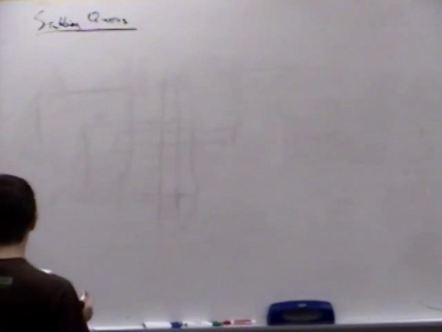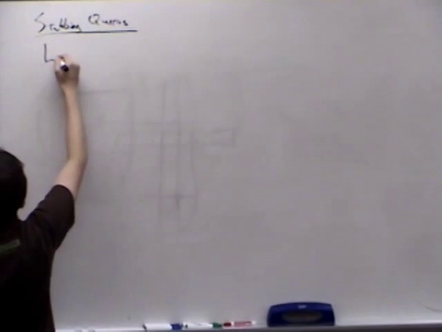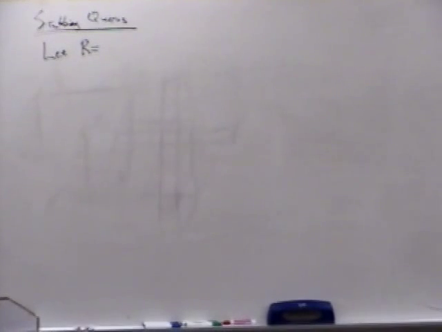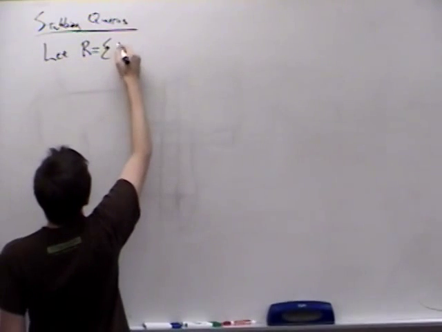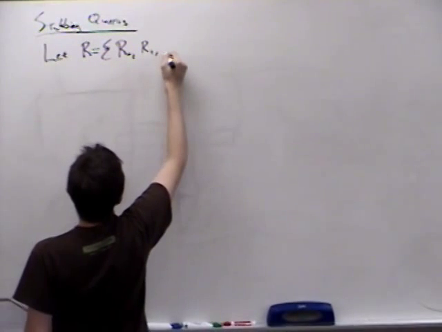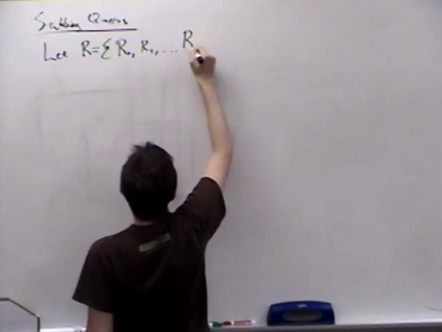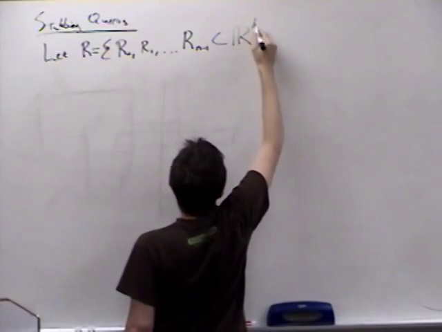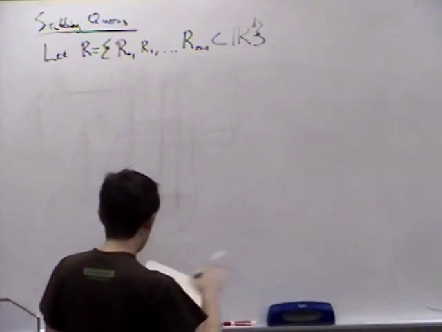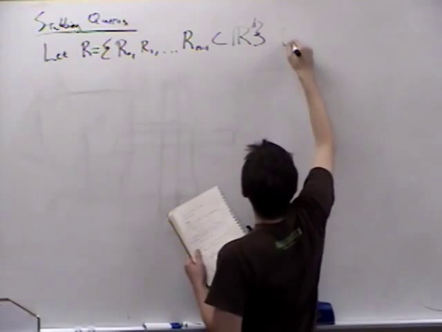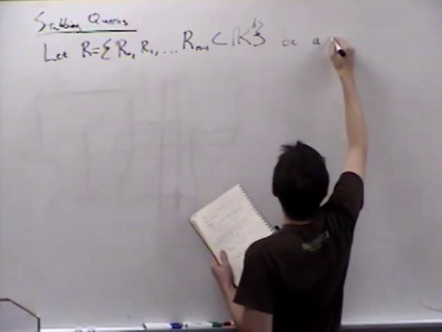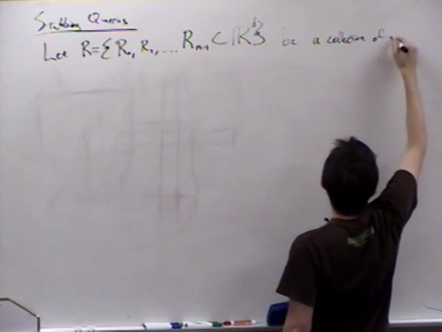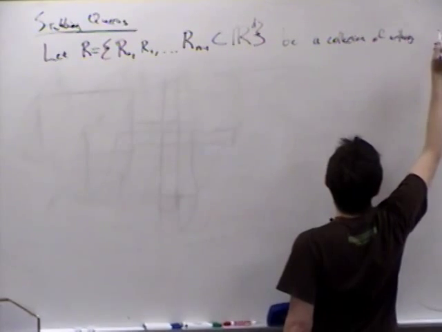What's a stabbing query? Here's the input. We have a bunch of these boxes, which we'll write as uppercase R, some set R0, R1, R2, etc. This is a collection of orthogonal ranges.